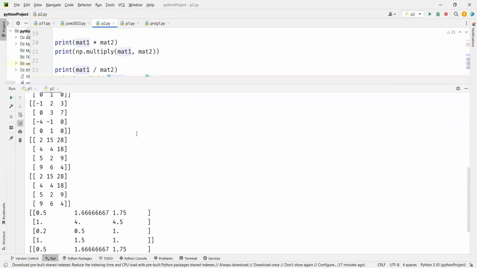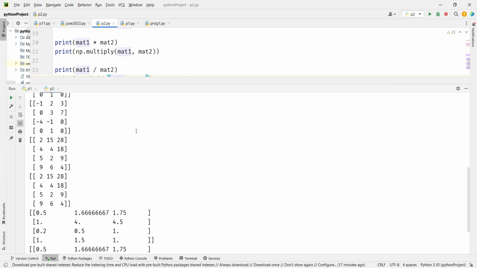But I told you yesterday to read matrices properties. The multiplication we have done is called element multiplication. It is not matrix multiplication. Matrix multiplication is different.